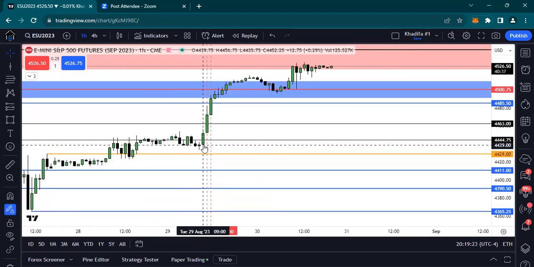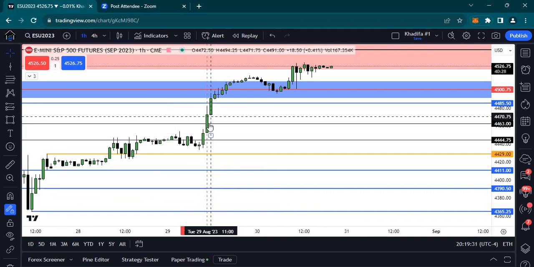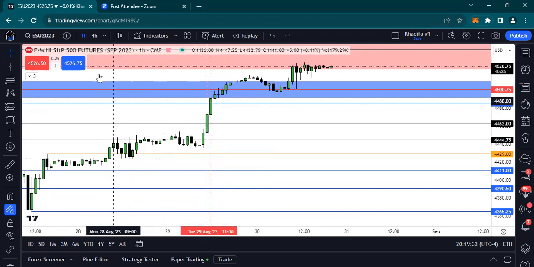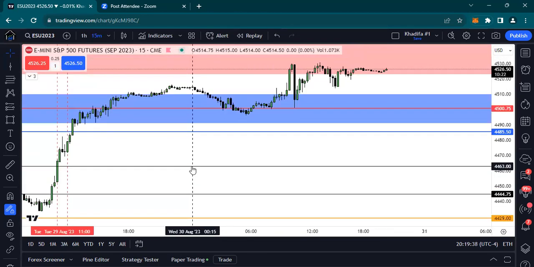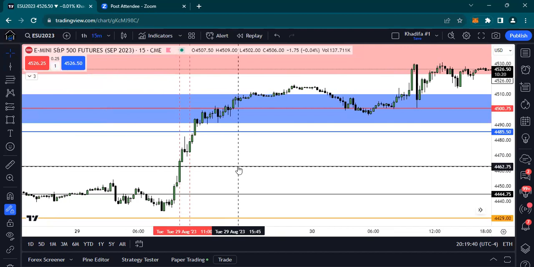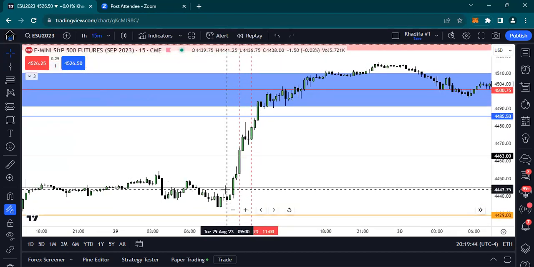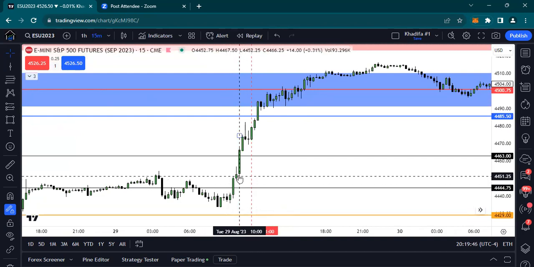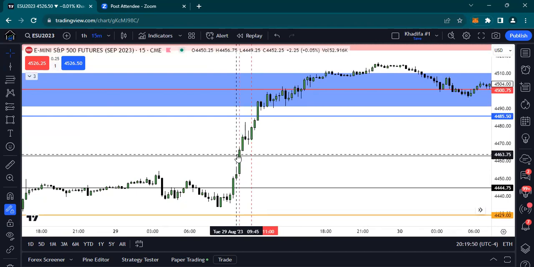Now, when we ran through that 79% premium level, we also created another fair value gap and imbalance in the market. So I want to take you down to the 15-minute time frame now. And you can see how price sliced through that 79% level, right?